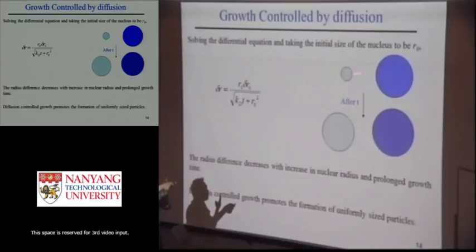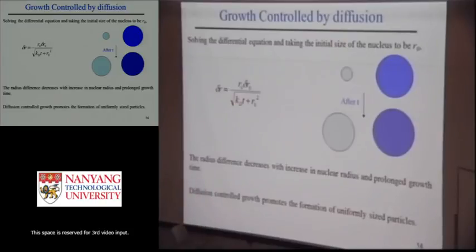So R0 refers to the average size of these two. Delta R0 means the size difference of the nuclei, the size difference between the two nuclei.